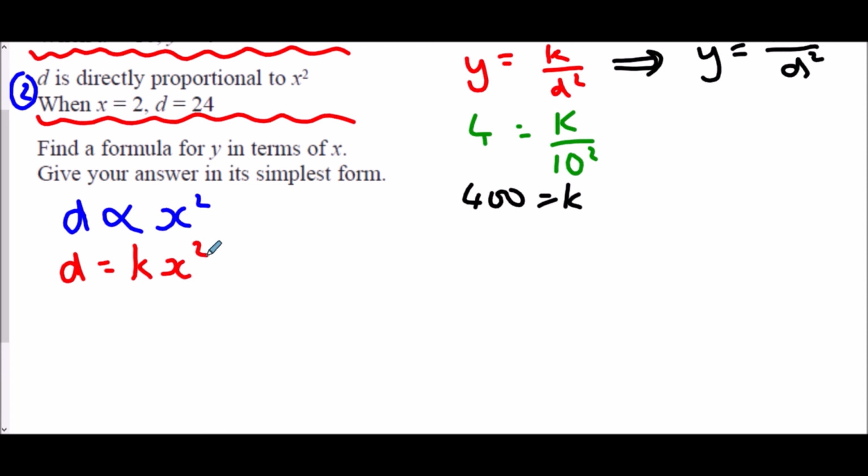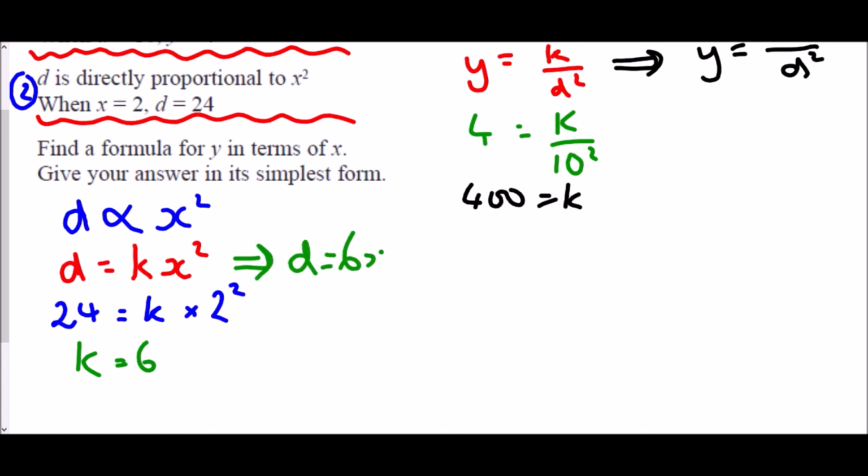We've been told that x is 2 and d is 24. So 24 equals k times 2 squared. 2 squared is 4, so 24 equals k times 4. So if I divide by 4, that will mean that k equals 6. And so my formula here would be that d equals 6x squared.